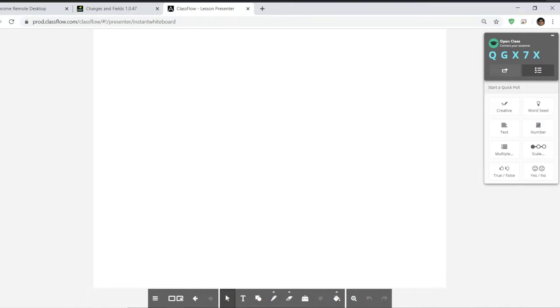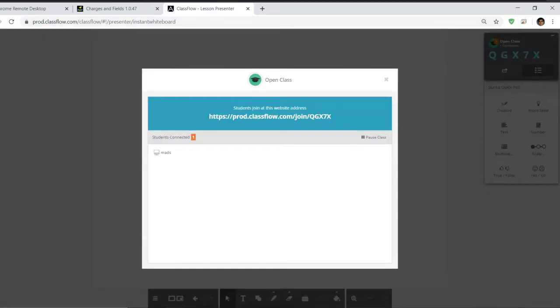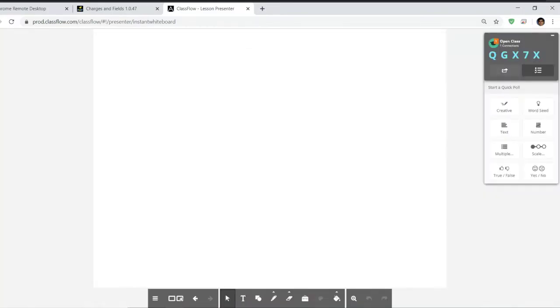Here, I'll type it. You want to go to classflow.com/student and type in the password. Yay, we have one person. Maddie, very good, Maddie. Leading the charge. Can I say no? No, Christian, no. You cannot.